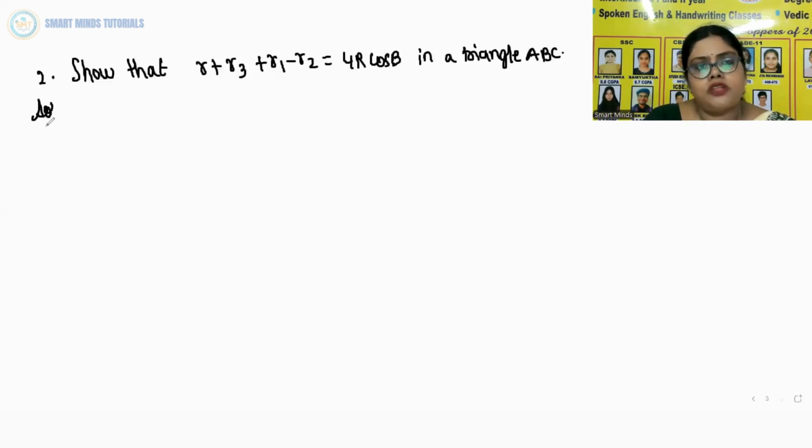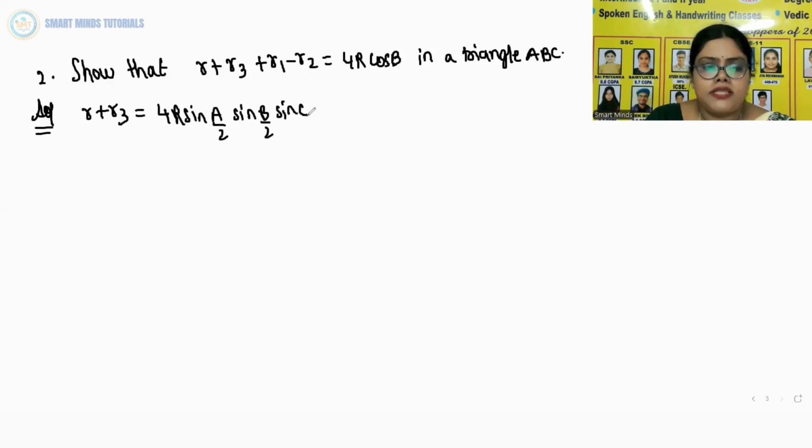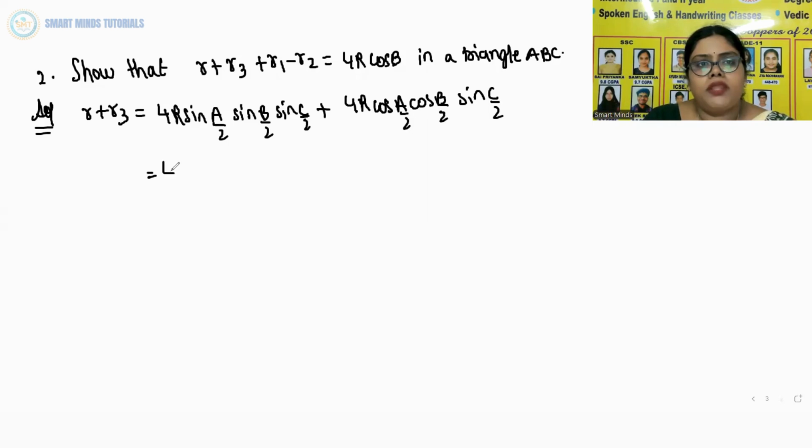Now take the next question. This is also of a similar model. So over here also, first we will take r plus r3. r is 4R sin A/2 sin B/2 sin C/2, and r3 is 4R cos A/2 cos B/2 sin C/2. Now we can take 4R sin C/2 common.